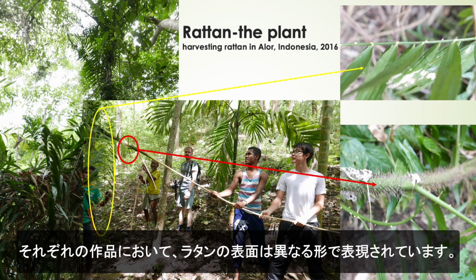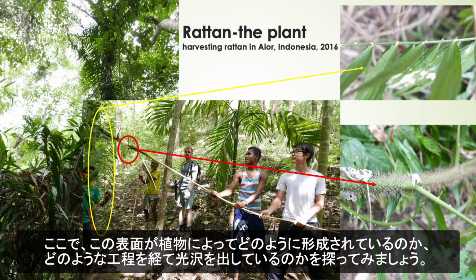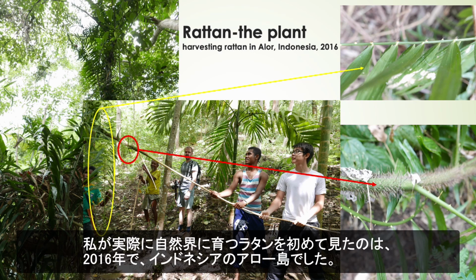In transition from a survey of museum collections, let's have a look at how that biogenic silica, which we admire on different artifacts, is being formed by the plant itself. My first encounter with rattan growing in nature was on Alor Island, Indonesia in 2016.